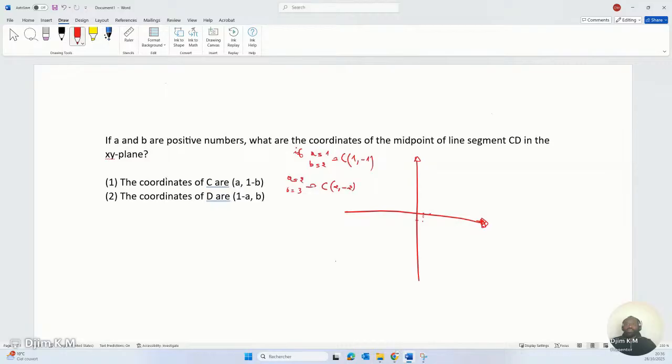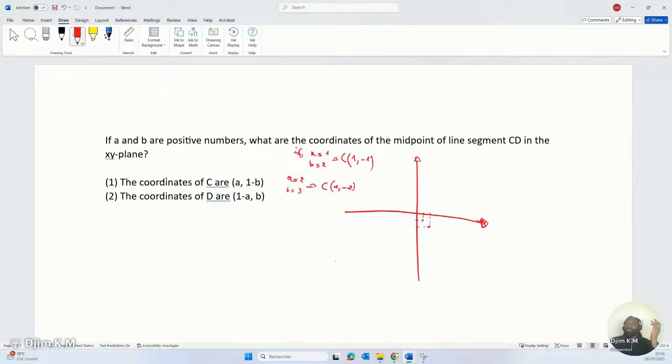So this is not sufficient, because with only the coordinates of C we cannot determine the coordinates of the midpoint of the line CD. Based on the first condition, we don't even know the coordinates of D. We don't know if it's going to be here or there.